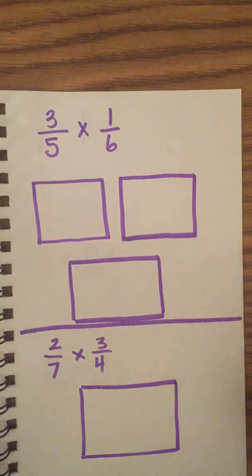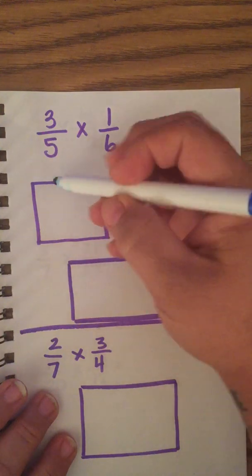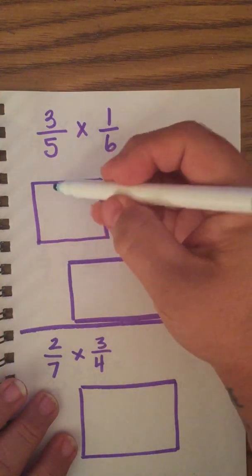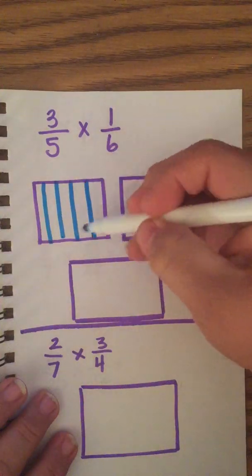So anyway, let's talk about multiplying two fractions together. This first one, 3/5 times 1/6, I'm going to model for you using an area model. So 3/5, I'm going to shade in this rectangle. 1, 2, 3, 4.